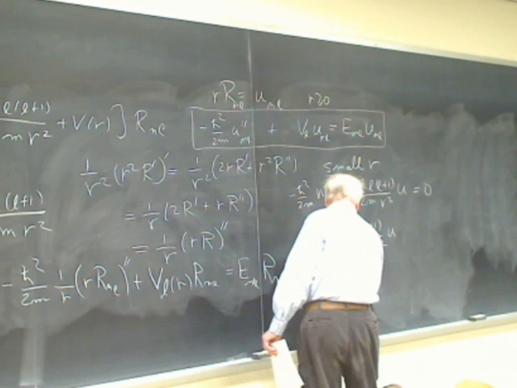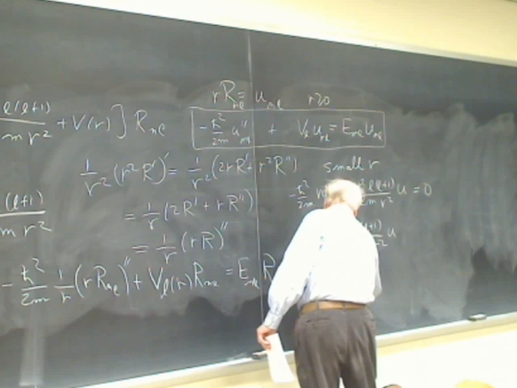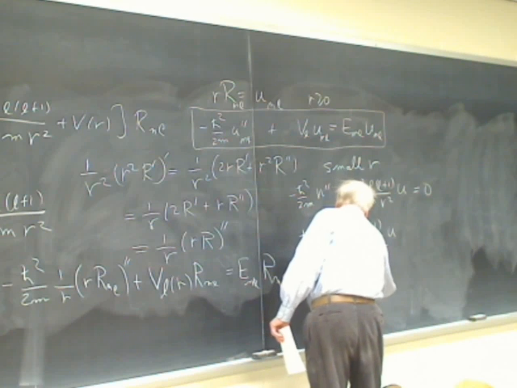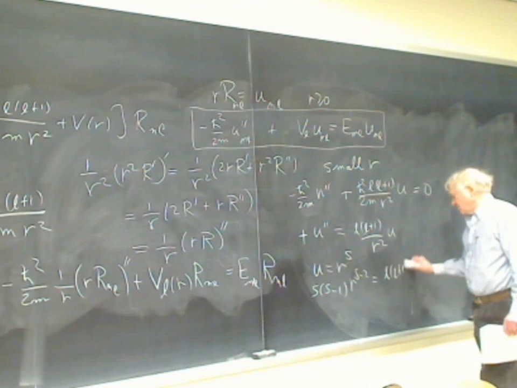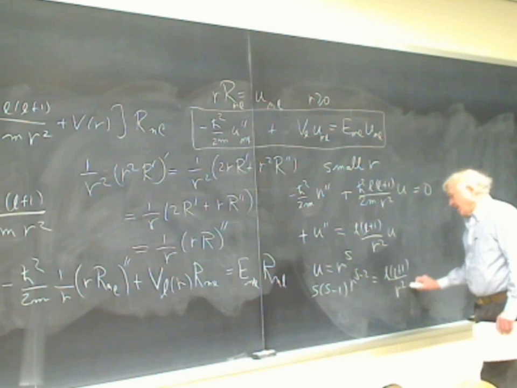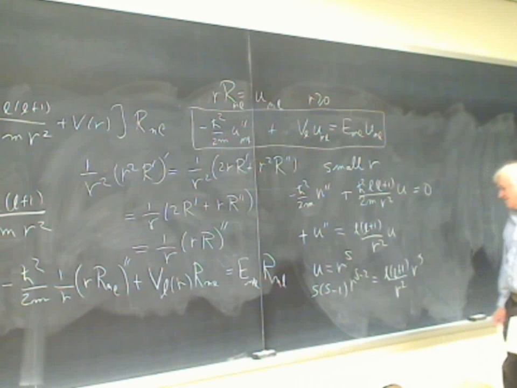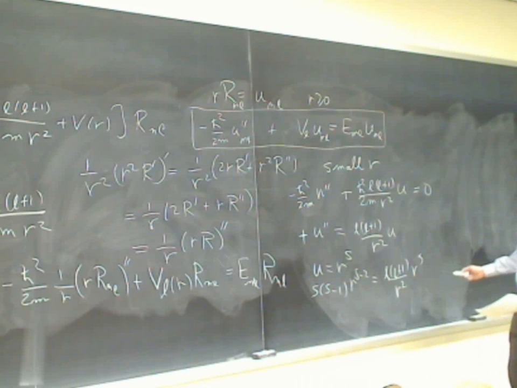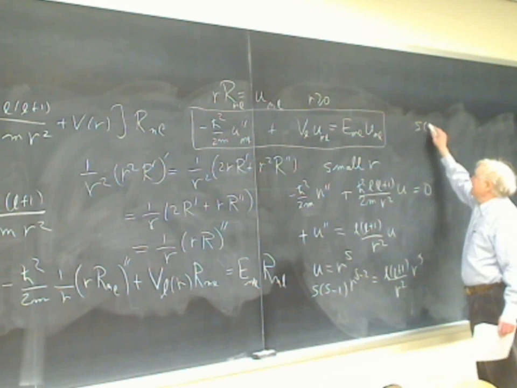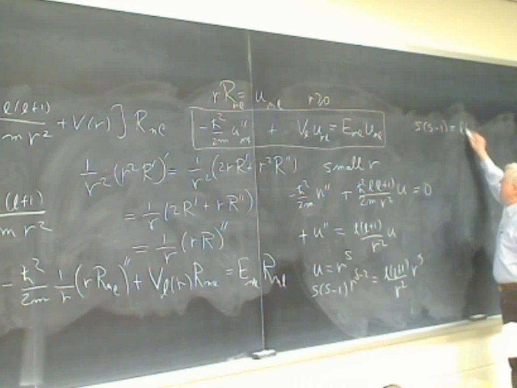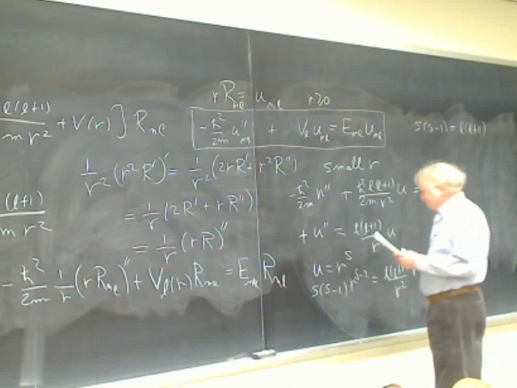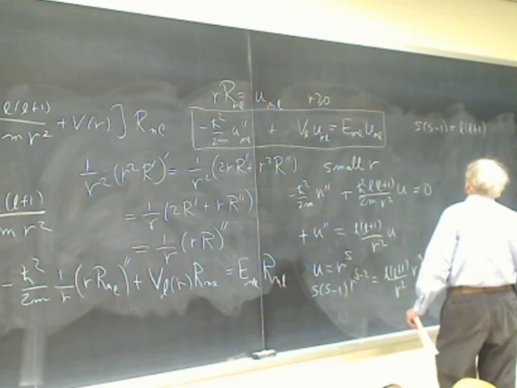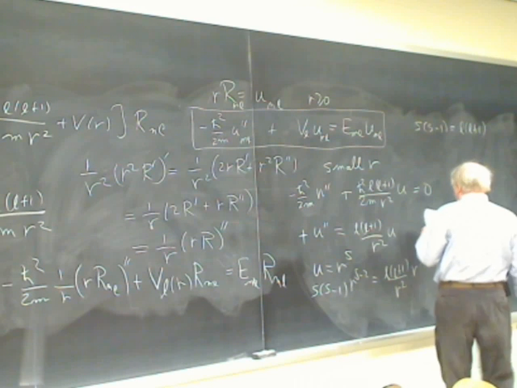Well, then the left-hand side is s times s minus 1, r to the s minus 2, equal to l times l plus 1 over r squared, r to the s. Or in other words, the r's cancel and you get s times s minus 1 equals l times l plus 1. So that's a quadratic equation. It's clear that there are two solutions.